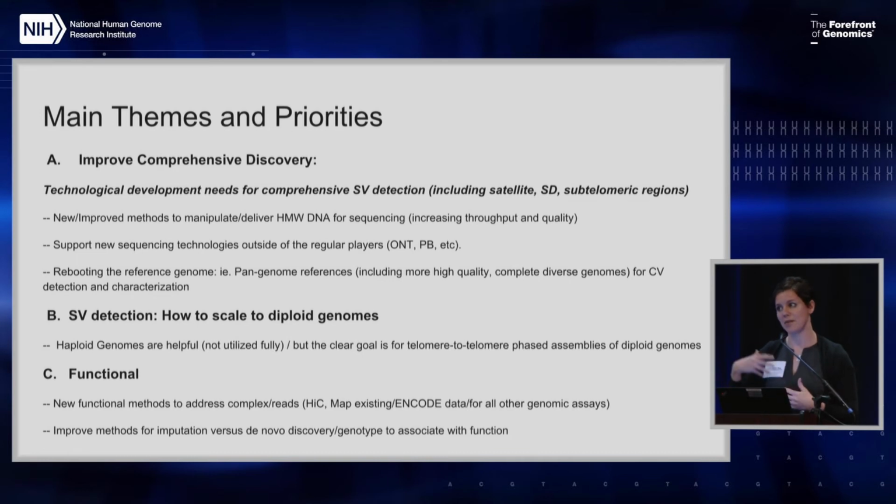Maybe we need to have new technological development to begin to study Hi-C maps, to begin to study these types of things that are often omitted because of mappability issues due to the short reads. Also, to bring in these types of short read data sets, also how do we begin to improve methods for imputation, and how can we begin to test this idea of what can be imputed and what can't? And that was something that we thought was a fundamental question that should be approached by NHGRI.